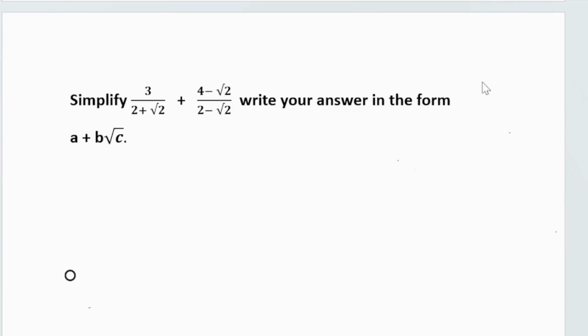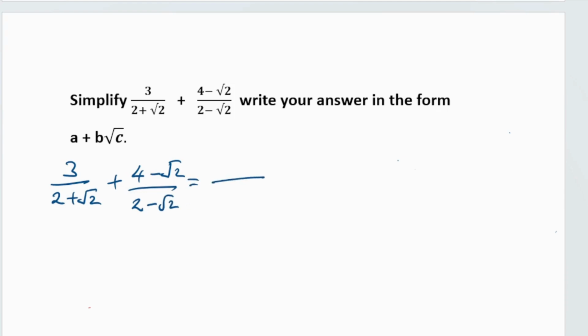And therefore, we can say it is 3 over 2 plus square root 2 plus 4 minus square root 2 over 2 minus square root 2. Now we find the LCM of the denominators, and we can find the LCM by just multiplying the denominators.